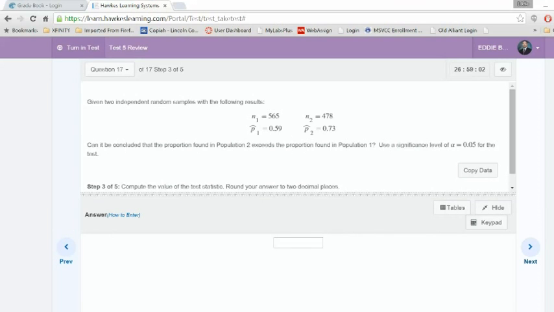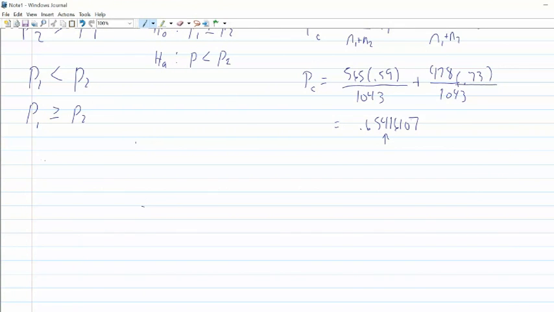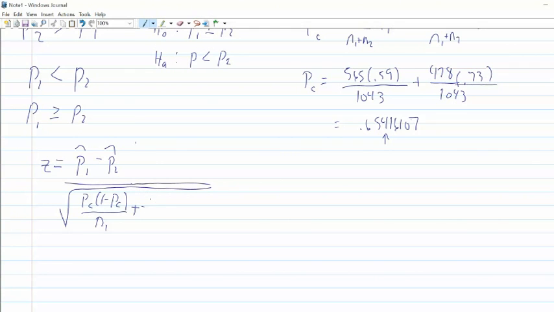Step 3 says to compute the value of the test statistic, round to 2 decimal places. The test statistic is going to be z equals P sub 1 hat minus P sub 2 hat over, this again is a lot of calculations, the square root of whatever our P sub C was, which we just got, times 1 minus P sub C over n sub 1 plus P sub C times 1 minus P sub C over n sub 2.